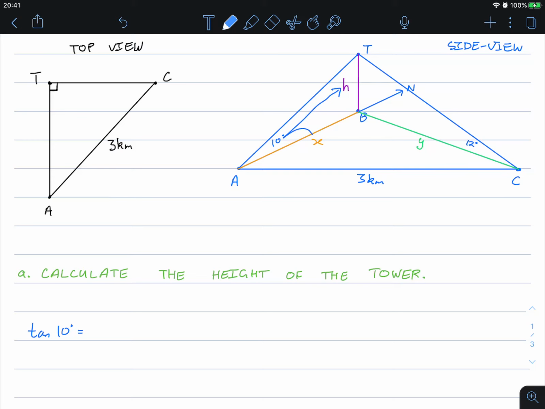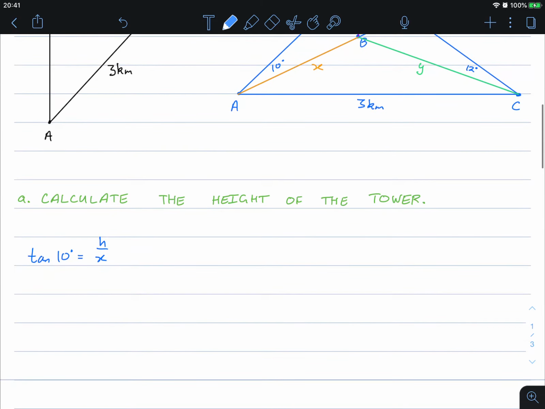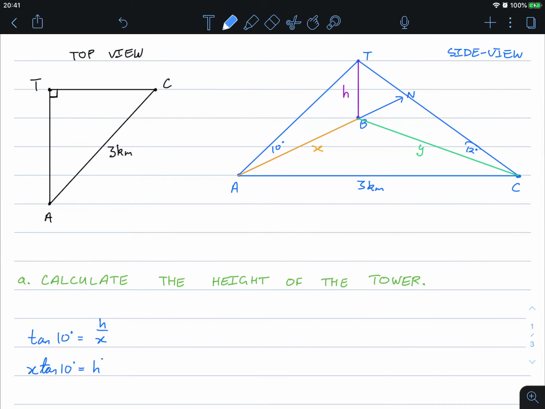The opposite is H and the adjacent is X. So H over X. And from here we can say that X times tan 10 is equal to H. Let's do the same for this angle here. We can do it for tan of 12.